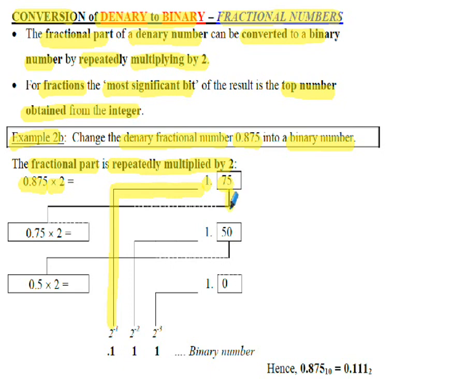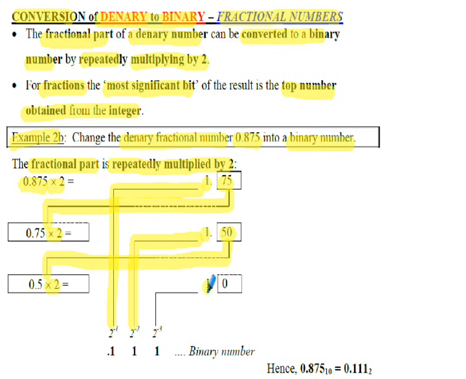We carry over the 0.75, and now we multiply the 0.75 by 2. That gives us 1.5. The integer part is then written under the column heading of 2 to the minus 2. We carry over the 0.5, and now we multiply the 0.5 by 2.